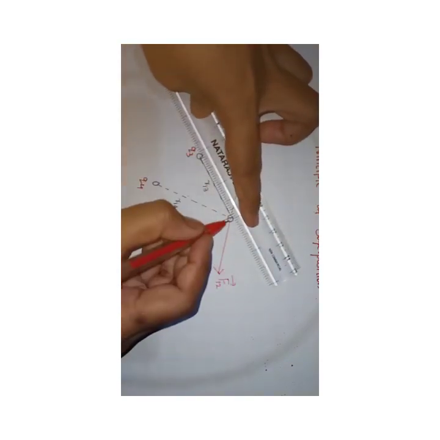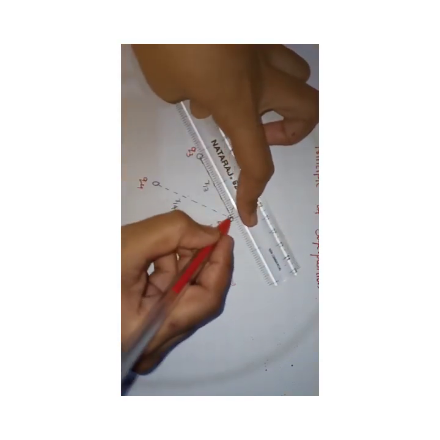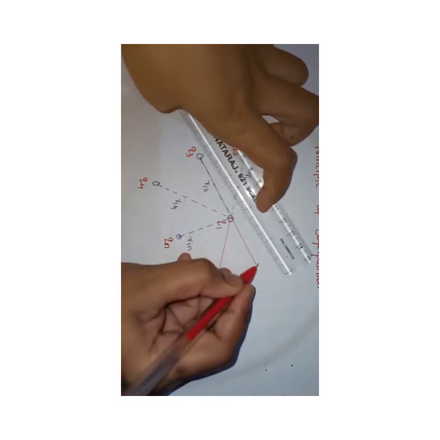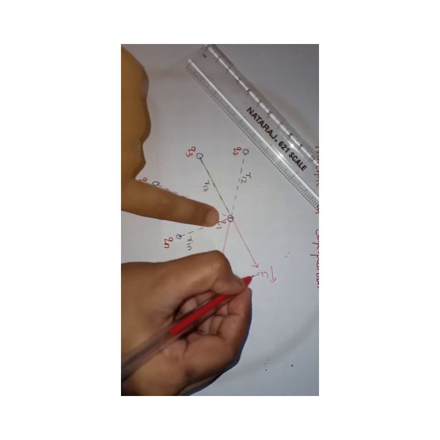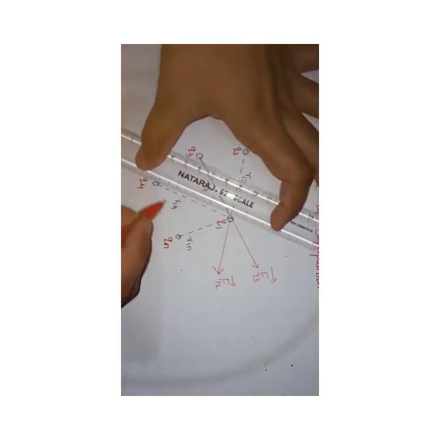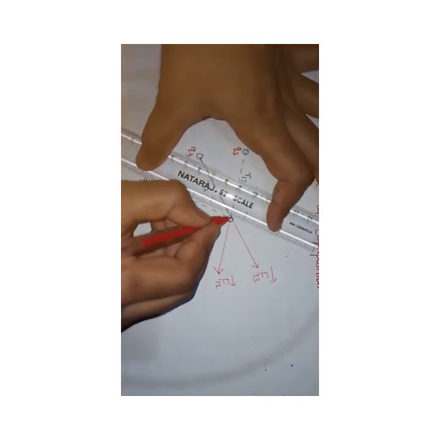Similarly, Q3 is exerting force on Q1. This is the direction, so I can name it as vector F13, force on 1 due to 3. This naming we have seen in Coulomb's law, same way, no changes.